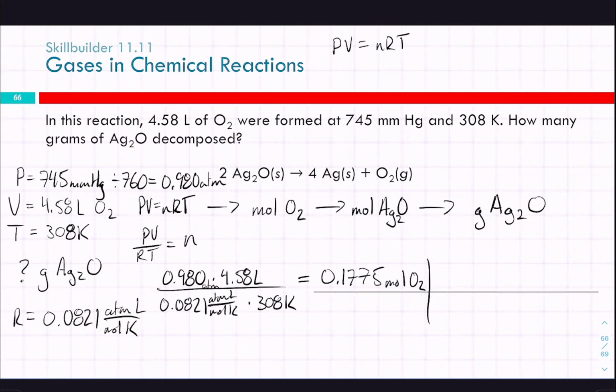Yeah, 2 to 1. So 1 mole of oxygen will go in the denominator, and 2 moles of Ag2O on top. And then that'll give us moles of silver oxide. How do we get to grams of silver oxide?